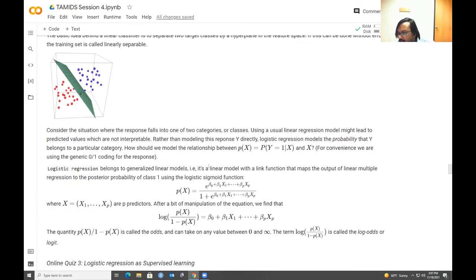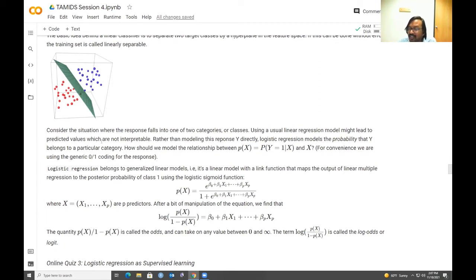For convenience, we are going to use the generic 0-1 coding for the response. Remember that we are no longer using the actual responses, the zeros and ones, as our responses in our model. We are going to look at something different, something that can be looked at as a continuous variable.